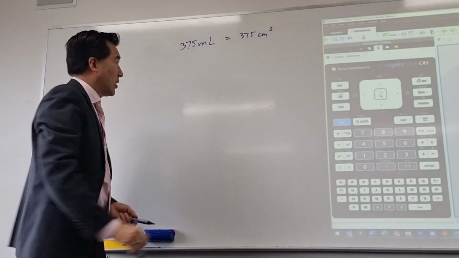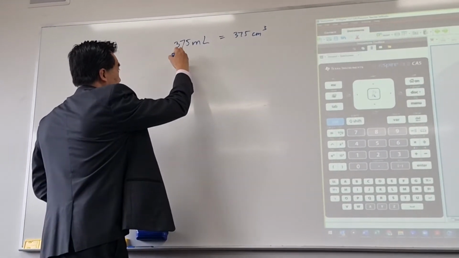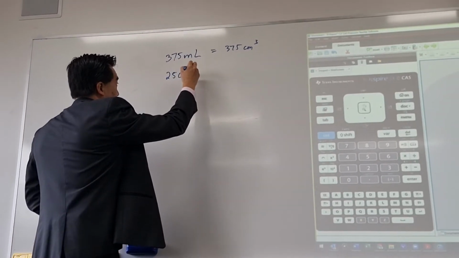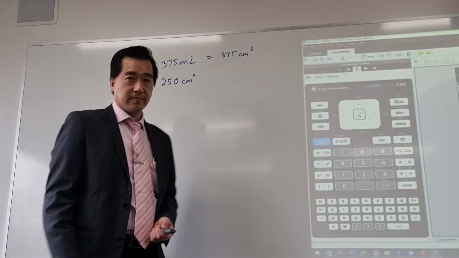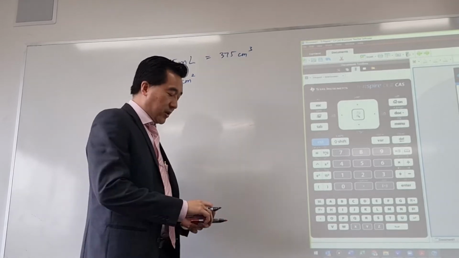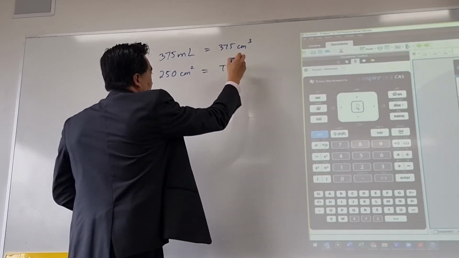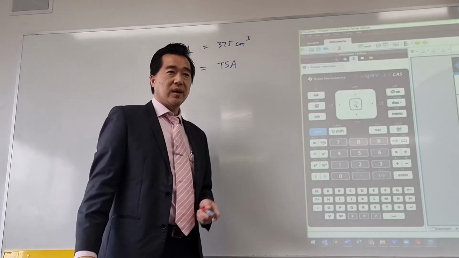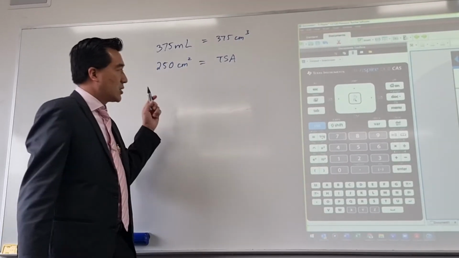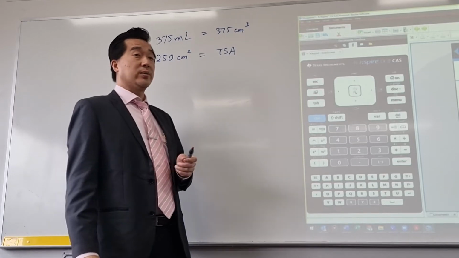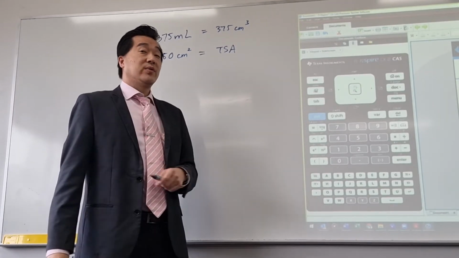Is actually made up of about, if I remember correctly, a 250 centimeter square sheet of aluminium. Right? So if you were to say this is equal to the total surface area of the can that's used to make the can, you work out the dimensions of the can that would actually give the maximum volume and what that maximum volume would be.